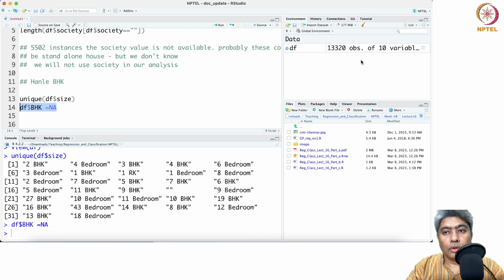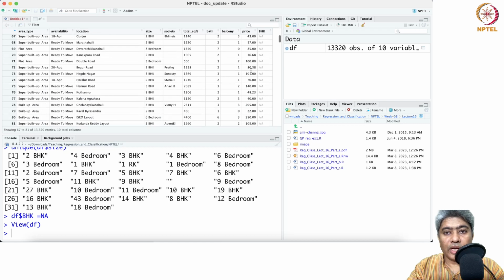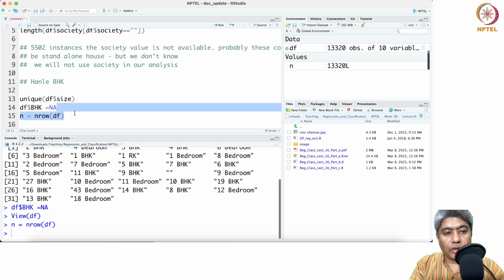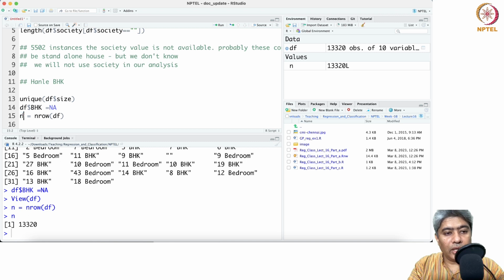So there will be a 10th column with BHK, all values NA, just a placeholder. Now n equal to nrow of df, the number of rows in the data set, 13,320.